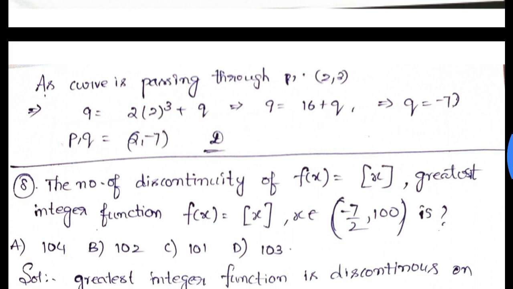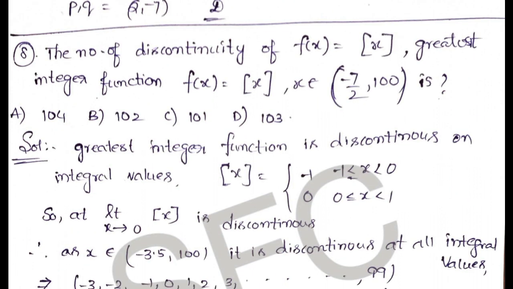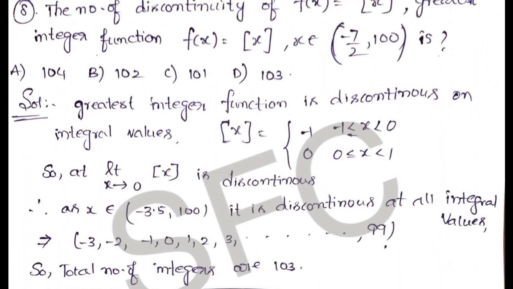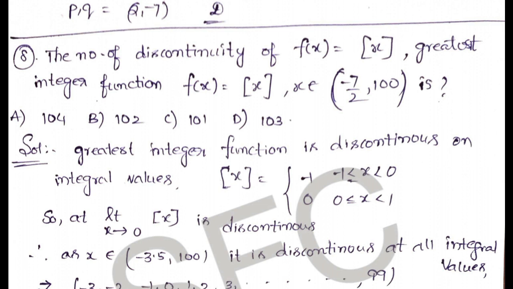Now let's move on to the 8th question. The number of discontinuities of f of x is equal to the greatest integer function. Earlier we have discussed about this function. Now again we are looking into the condition of the greatest integer function. It is discontinuous on integral values. Here we are given the domain of x, that is, x belongs to minus 7 by 2 comma 100.